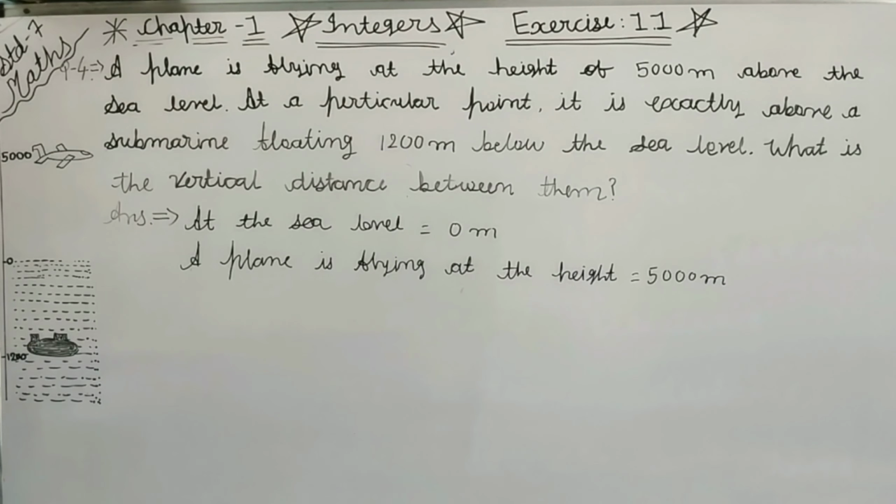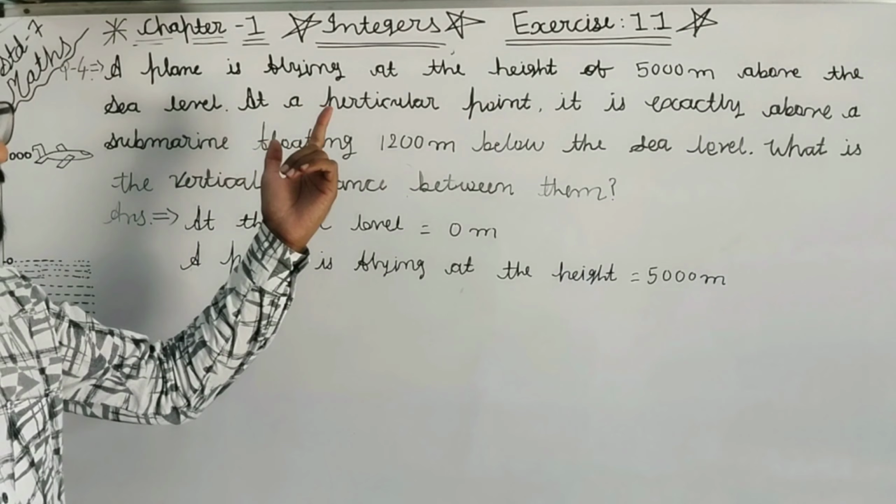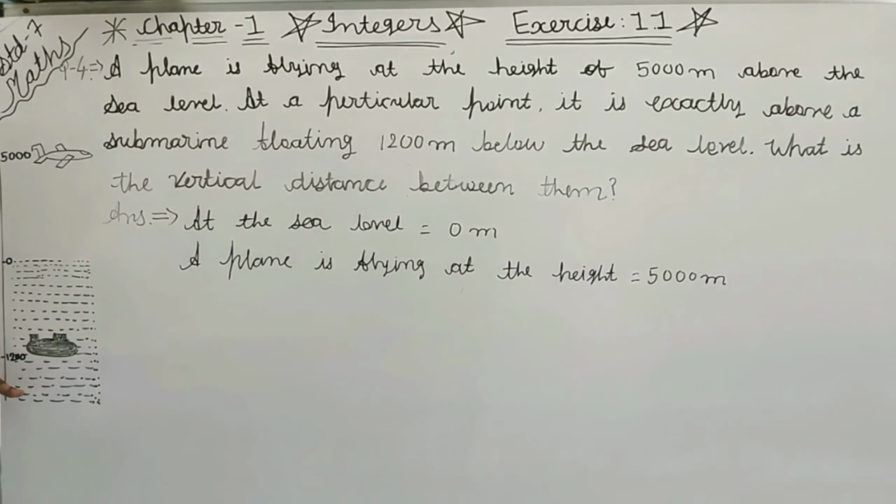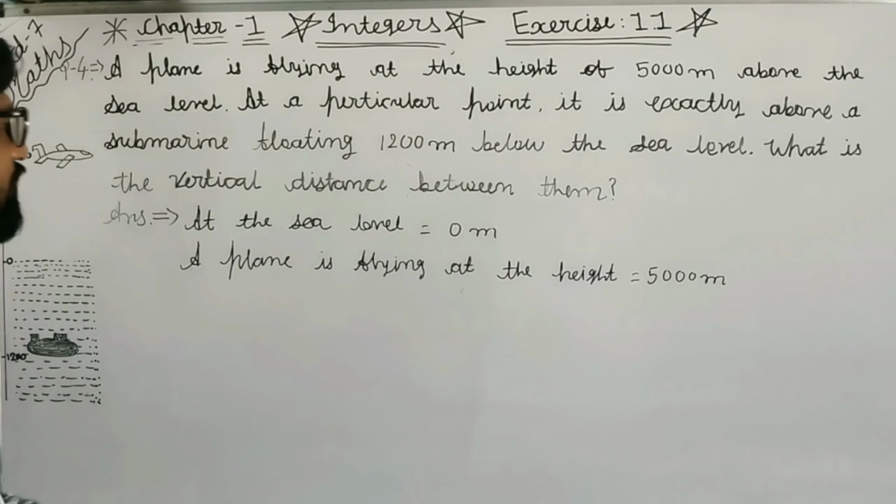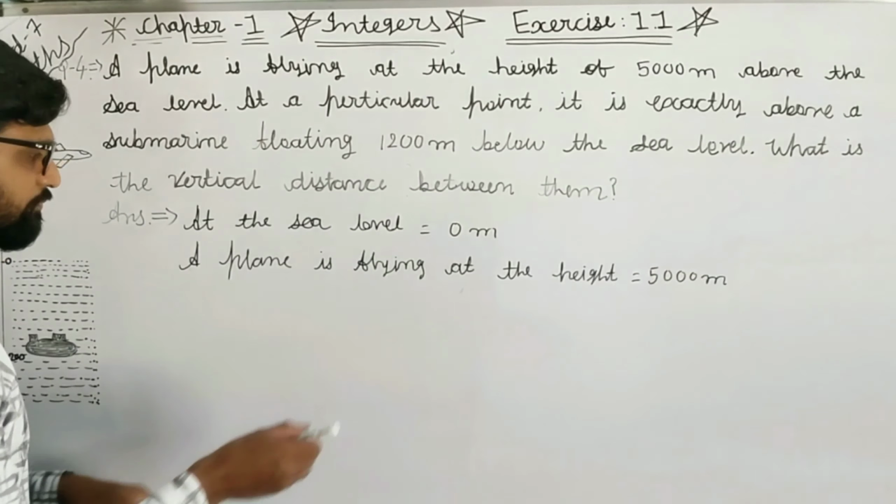Now, at a particular point means 1200 meters plus 5,000 meters. It is at a particular point. Now, see the submarine floating.